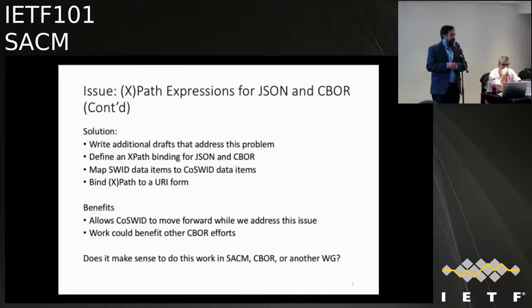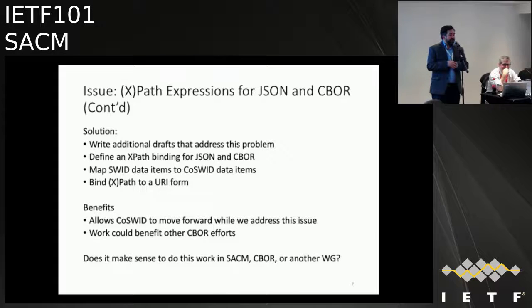We then write another draft that maps basically the information model that exists between XML SWID tags and co-SWID tags into path expressions, and then we write some text that would bind that path expression to a URI form.